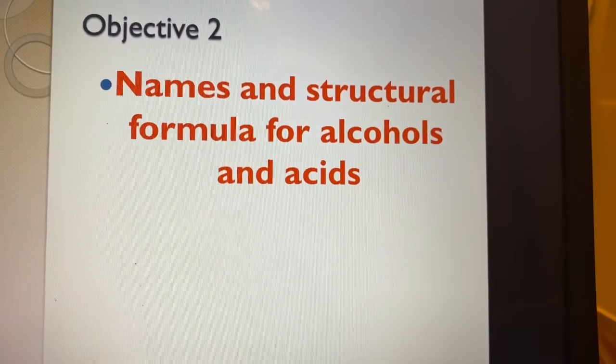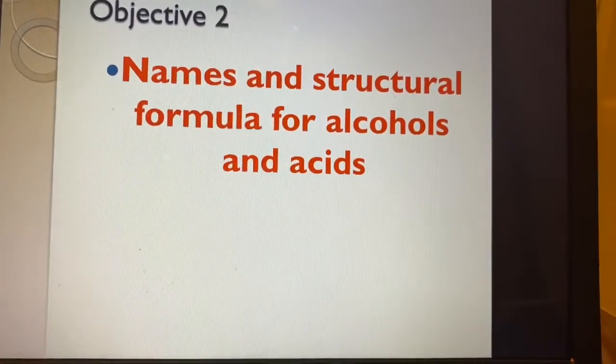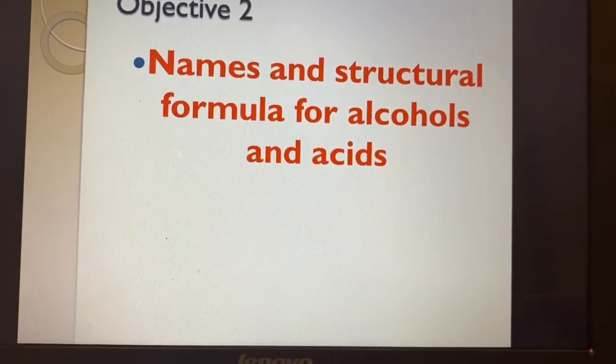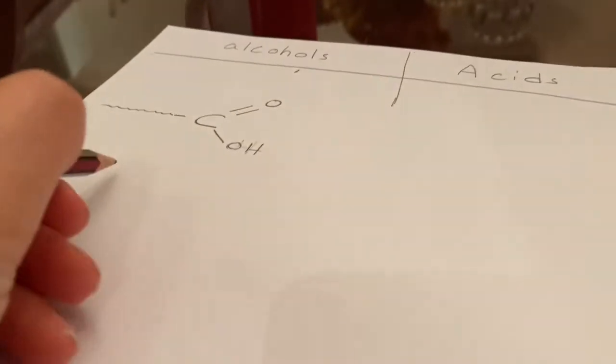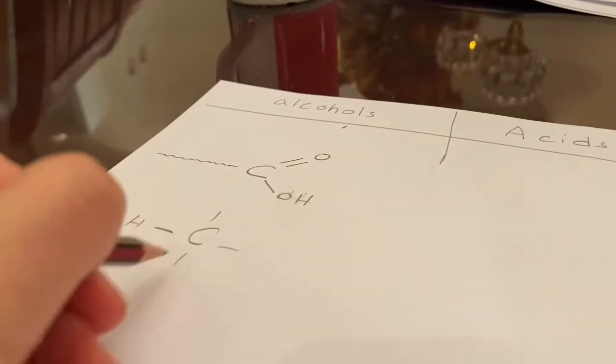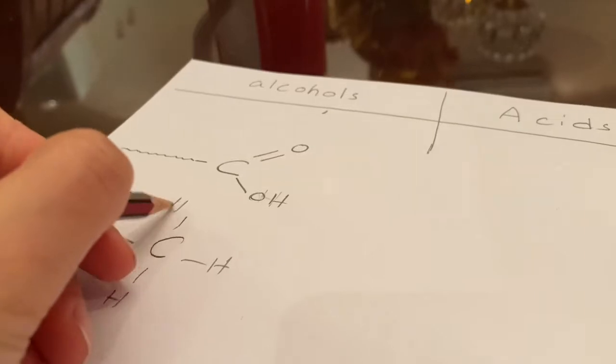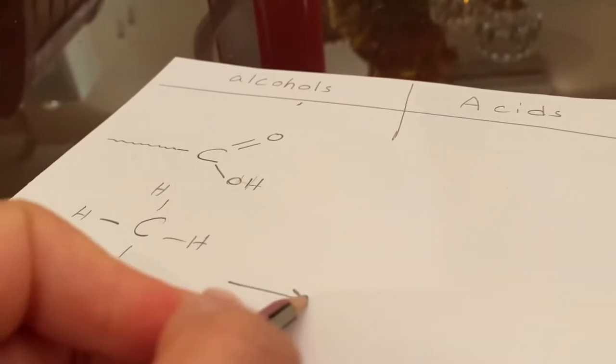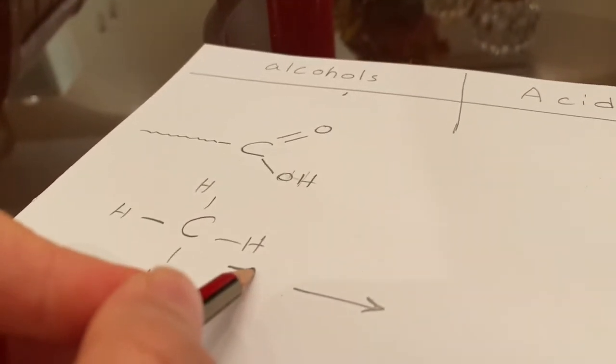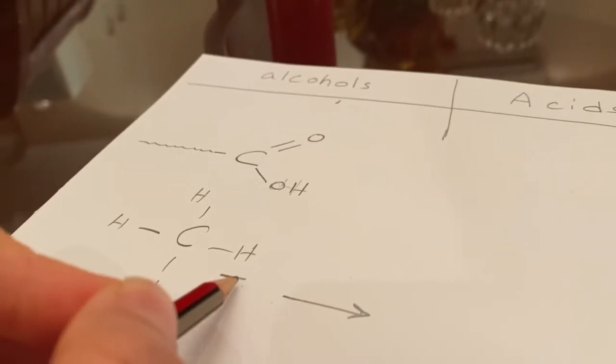For objective 2, we will find out the names and structural formulas for alcohols and acids. For example, methane. Methane has 4 hydrogens, right? If it's an alcohol, you remove 1 hydrogen and put OH instead.